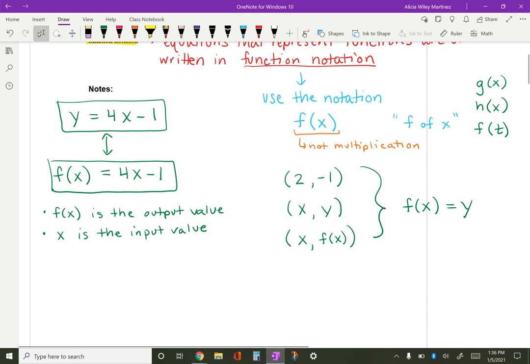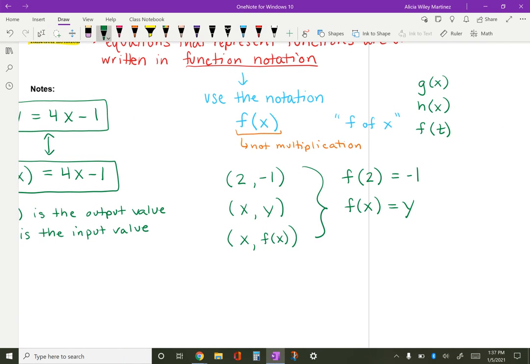So another way that I could rewrite this ordered pair is I could say f of my x value, which is 2, will equal my y value, which is -1. So by saying f of 2 equals -1, I know that this value inside of here is my x.